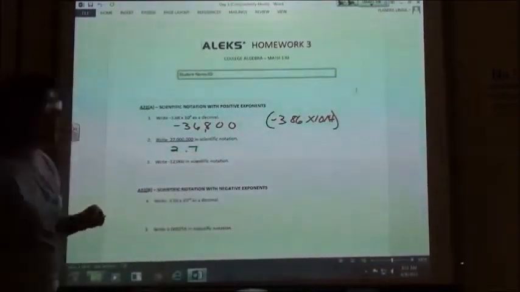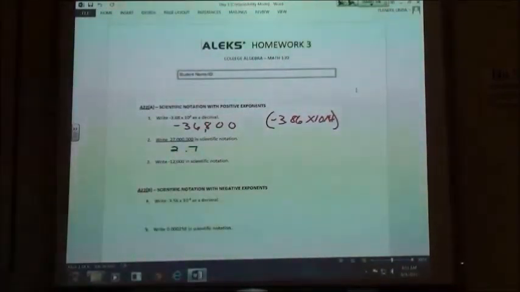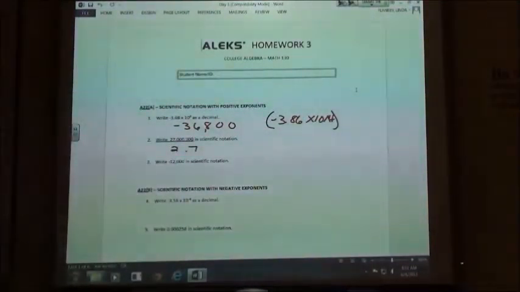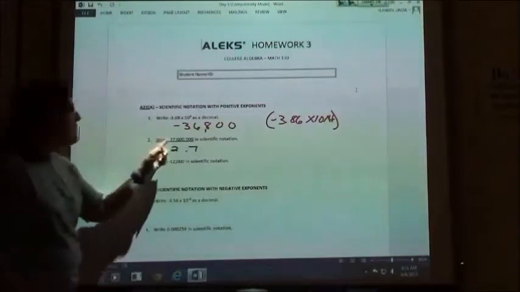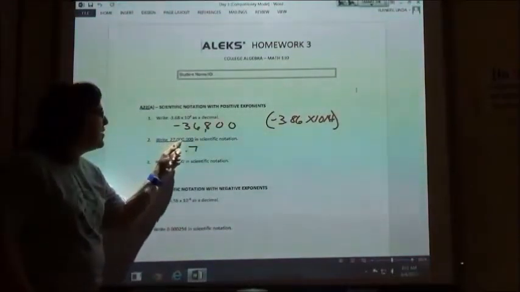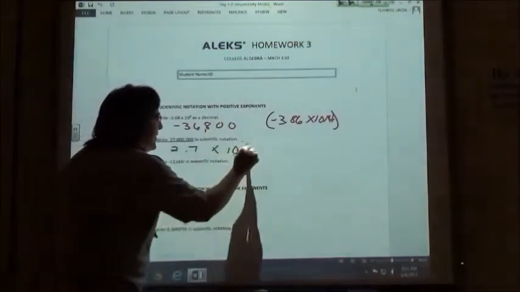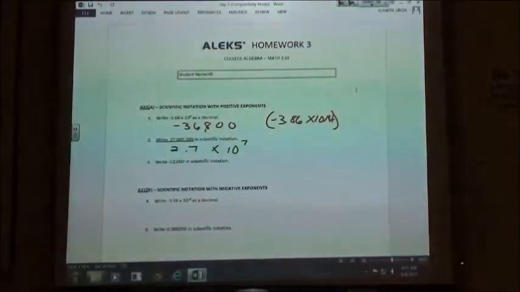And then I'm going to count the spaces that I need to move my decimal. I can drop off all the extra zeros, which is kind of the point of scientific notation, to shorten it up. I have to move my decimal 1, 2, 3, 4, 5, 6, 7 places. So 2.7 times 10 to the 7th.